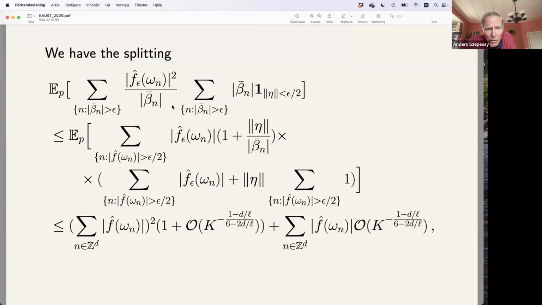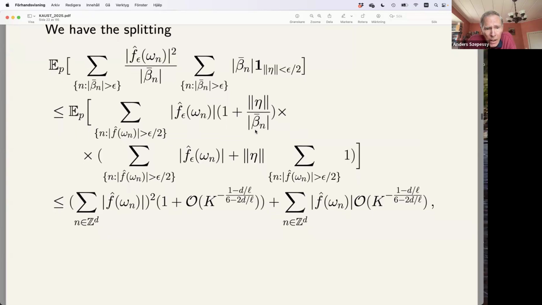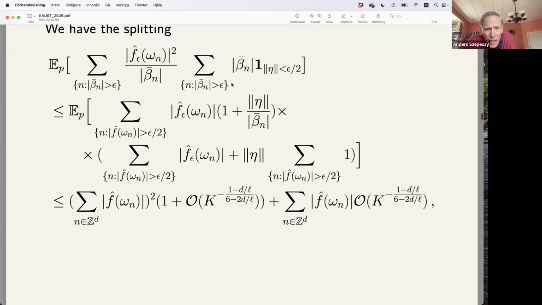One of them we write like f plus eta, and you get this eta here. So when you divide by beta here, then this square becomes this sum instead. And then what we have here is the sum over, we can replace the amplitudes by the actual Fourier coefficients if we also add the error eta.